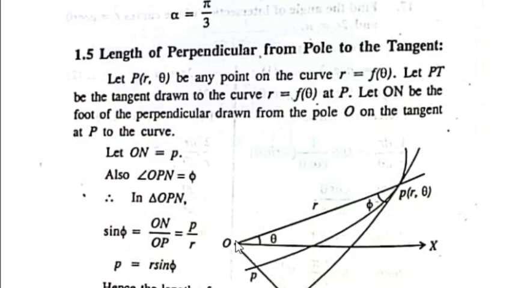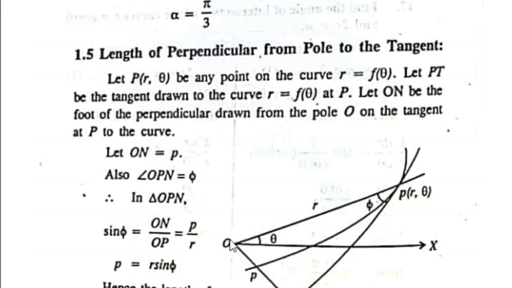Then let the angle between the radius vector and the tangent be phi, and let theta be the angle between the radius vector and the initial line x. Okay, so with all this, now we see what is length of a perpendicular.